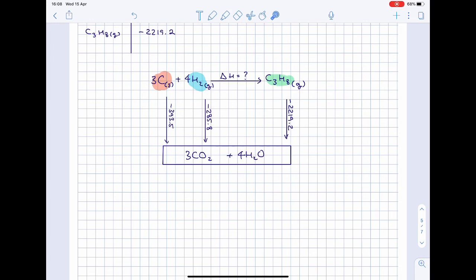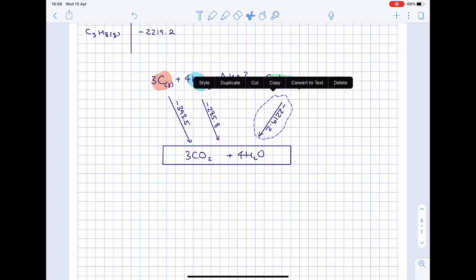Now, what I can do, I don't have to, but I can tidy this cycle up. I'm just going to draw the arrows slightly pointing to the centre there from the reactant side, going from top left to bottom right. And I'm going to push this arrow from the top right to bottom left, and we can see our cycle a bit clearer.